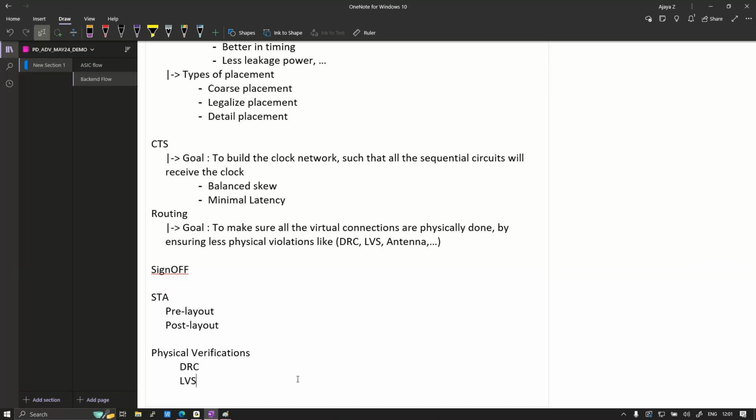As you are going as a fresher, if you give me a resume saying that you performed the complete ASIC flow, and I ask any question internal to physical design, you might face difficulty answering it.